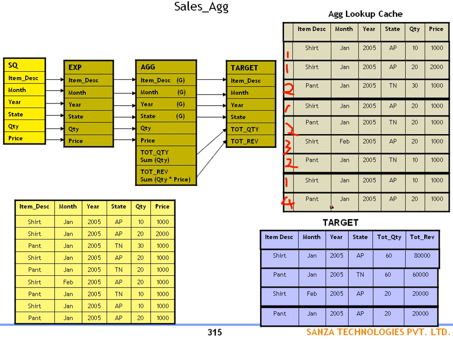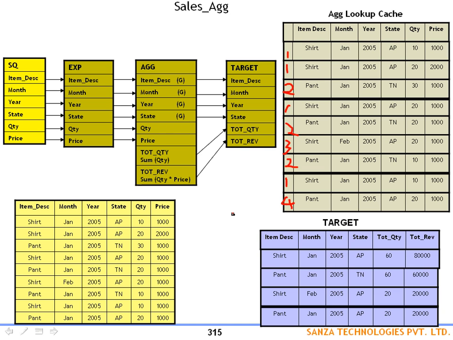If it finds the same combination of records, then it sends it out to the next transformation or to your target. So this is how it works in the aggregator transformation. It has to scan the cache row by row, find the record, and send it out to the next transformation or target.